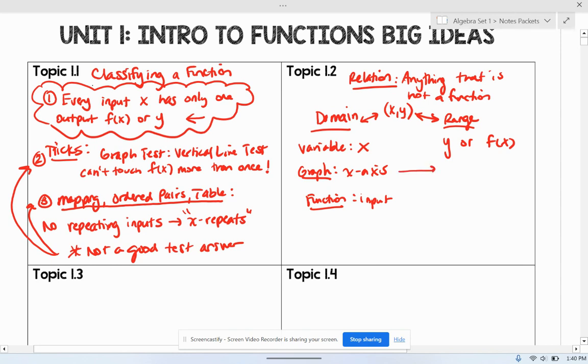You can find it along the graph as the y-axis. And in a function, you can think about it as the output. When you're describing the domain and range in a graph, you can always put the word to in between the two values that you are describing.